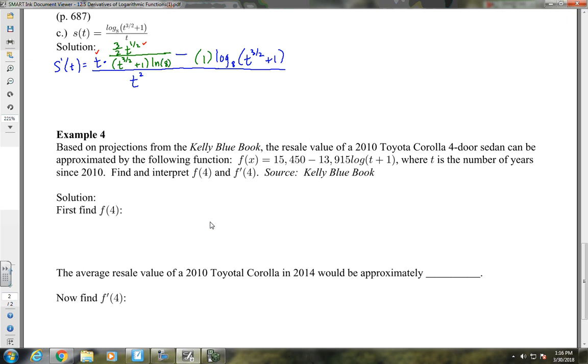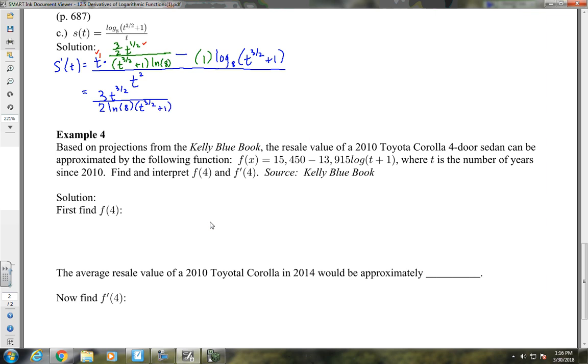I've got exponent 1 plus exponent 1/2. 1 plus 1/2 gives me 3/2. So I have 3t to the 3/2. We can move that 2 to the denominator. I'm going to move the natural log of 8 to the left because it's a number. And we have t to the 3/2 plus 1.